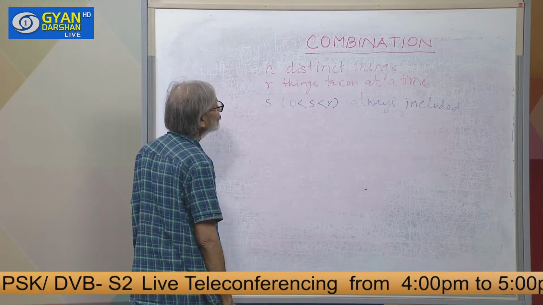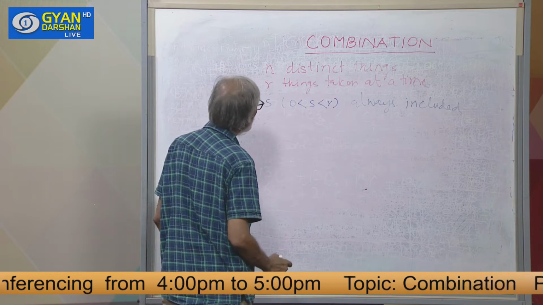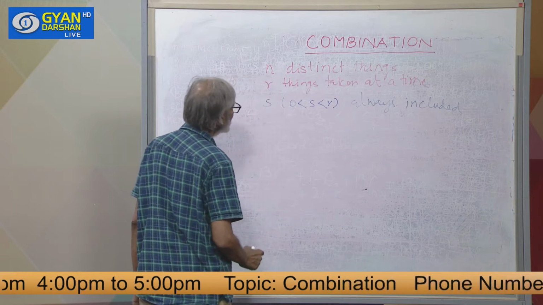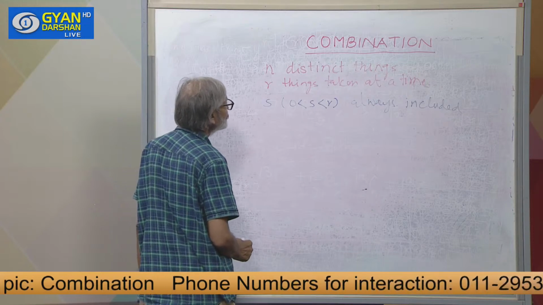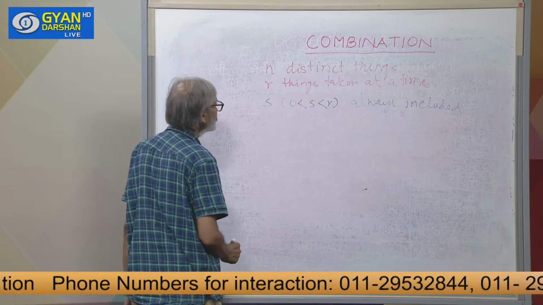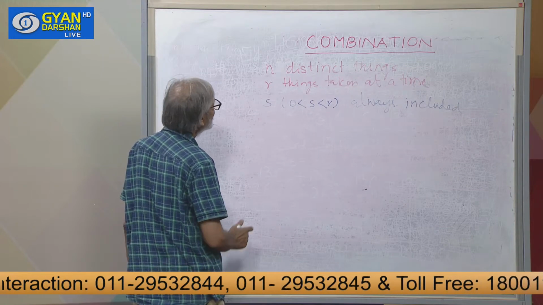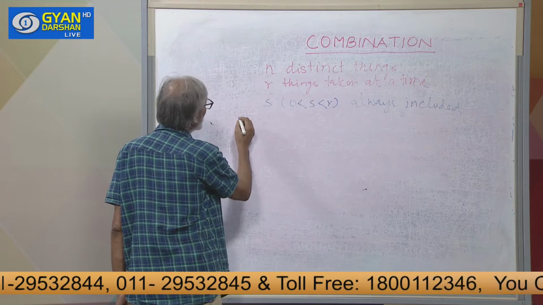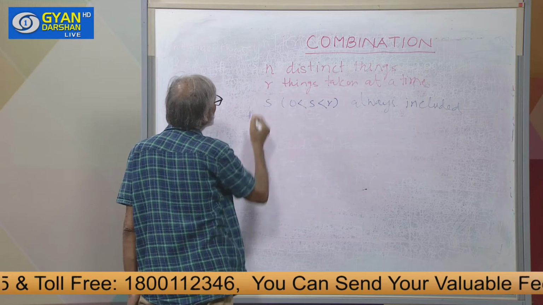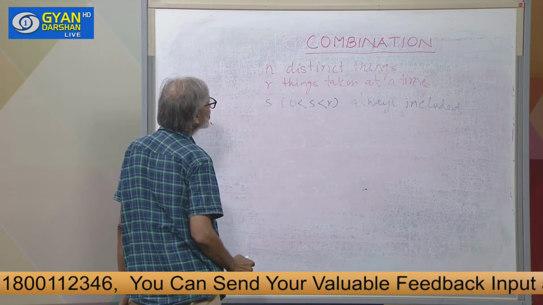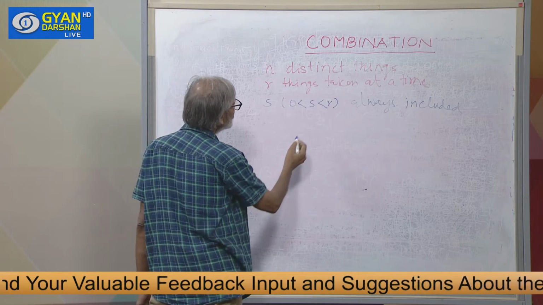So, suppose order is important. So, let us first see what will happen if permutation is to be done, order is important. So, we have to select r things out of these n things. So, what will be the number of permutations?